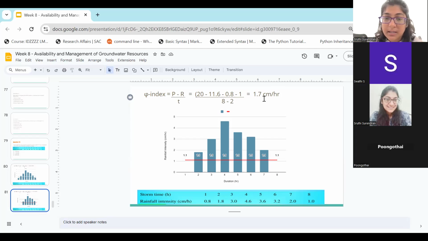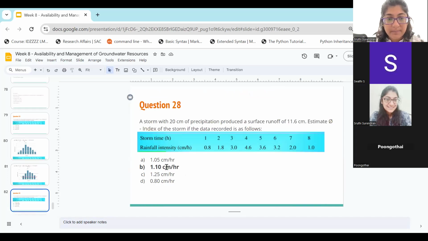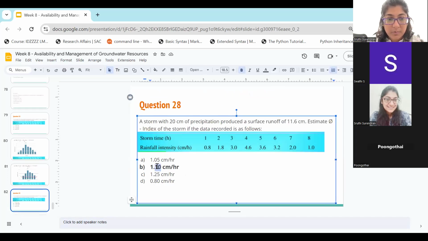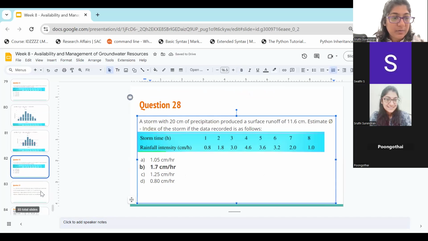So this is a continuous process until you get the infiltration rate where all of the rainfall values are exceeding that infiltration rate. Until then you have to continue the calculation. So here the answer would be 1.7 centimeter per hour. So this is how the phi index has to be found out.